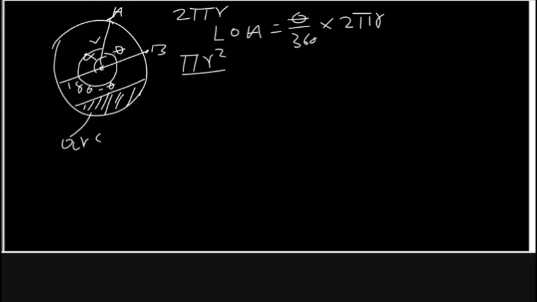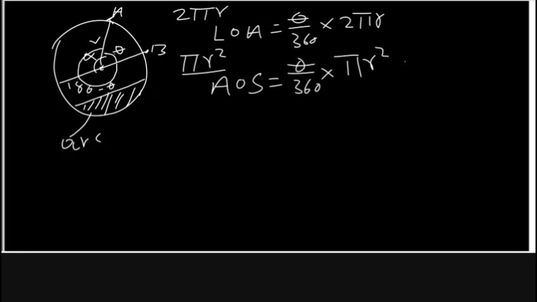So area of sector is given by theta divided by 360, then times pi r squared. Very, very important. So that's for the length of arc and the area of the sector.